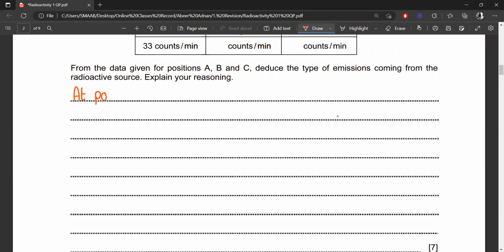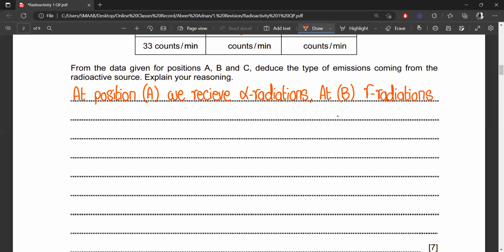So at A we are getting alpha radiation, at B we are getting gamma, and at C we are getting beta.